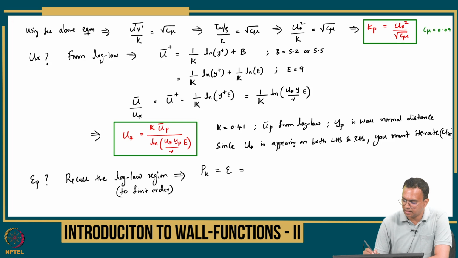And we introduce a scale for this, that is u cube by L. So we can set this as u star cube by the mixing length idea, kappa yp.